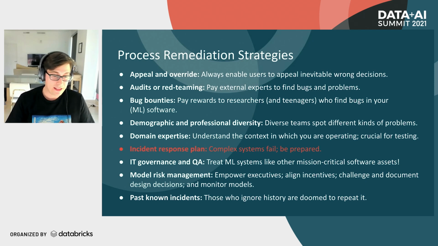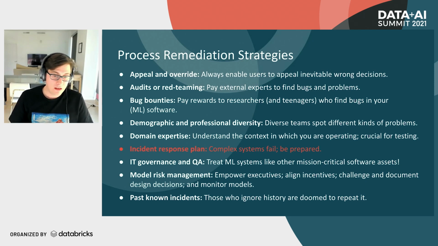If everyone on the team brings the same exact perspective to the development and deployment and testing, you're going to be blind to a lot of different kinds of problems, particularly on the algorithmic discrimination side. Domain expertise, having people who understand the business, is super critical, both in training and in testing. People forget about the testing part. You want domain experts to be helping you structure your testing of your system to make sure that testing is realistic.